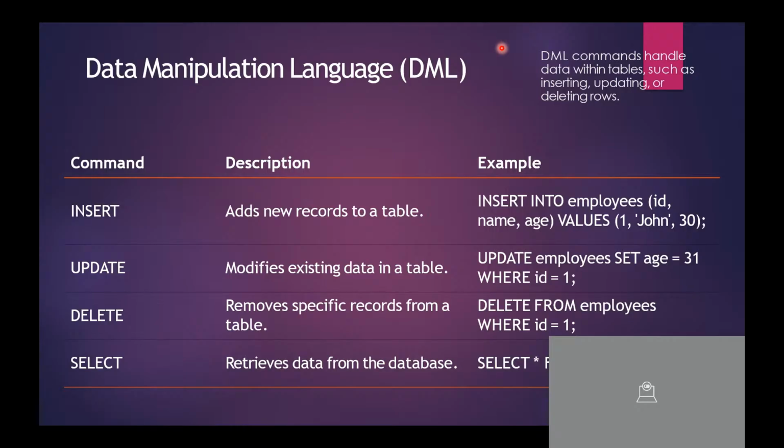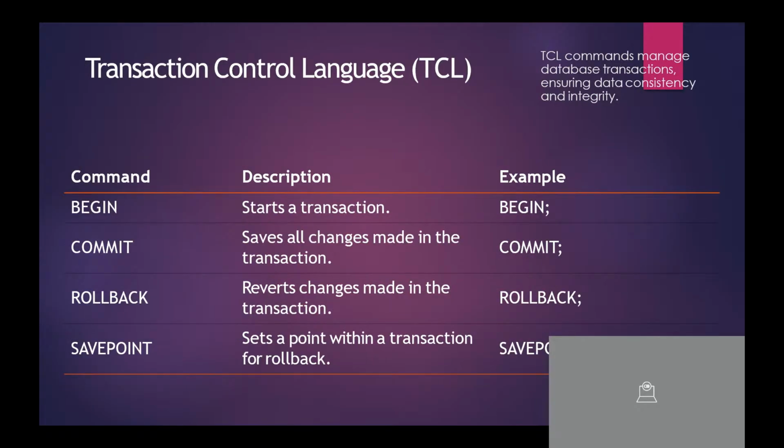Next is the transaction control language, TCL. TCL commands manage database transactions, ensuring data consistency and integrity. The commands are: Begin, which starts a transaction; Commit, which saves all changes made in the transaction; and Rollback, which reverts changes made in the transaction.